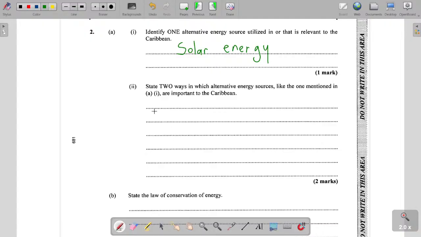So the first reason you want to state here, number one, is that it reduces our dependence on fossil fuels.